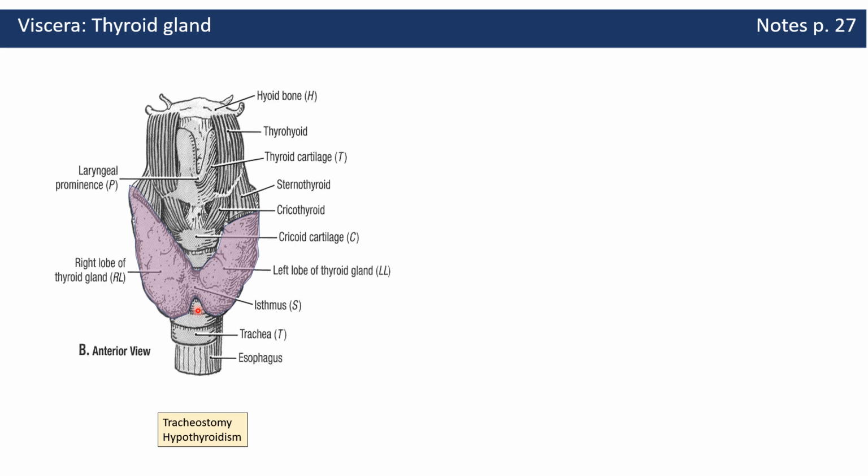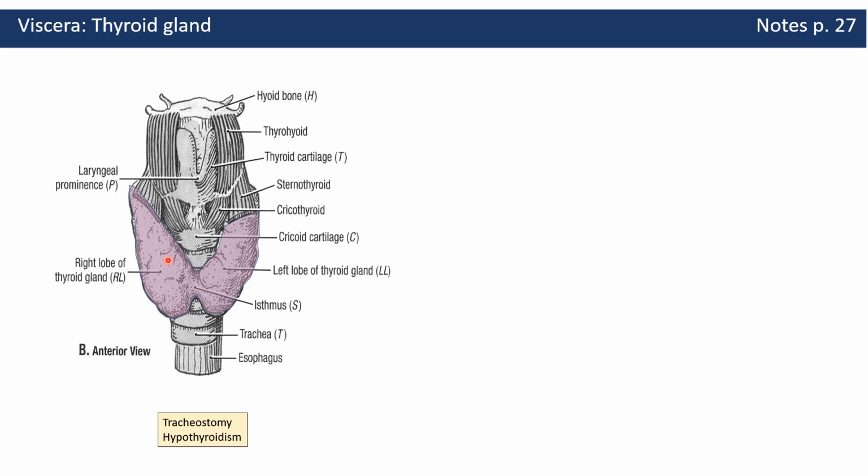The isthmus is located from the second or third or fourth tracheal rings. So right here is the isthmus that connects the two lobes, the left and right lobes of the thyroid gland. The gland secretes thyroxine and calcitonin, which regulate metabolic rate and calcium levels, for instance. The structure is covered, though, in pretracheal fascia.